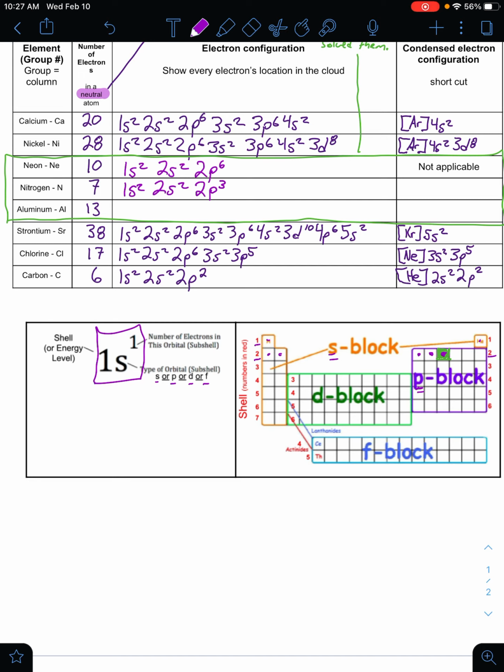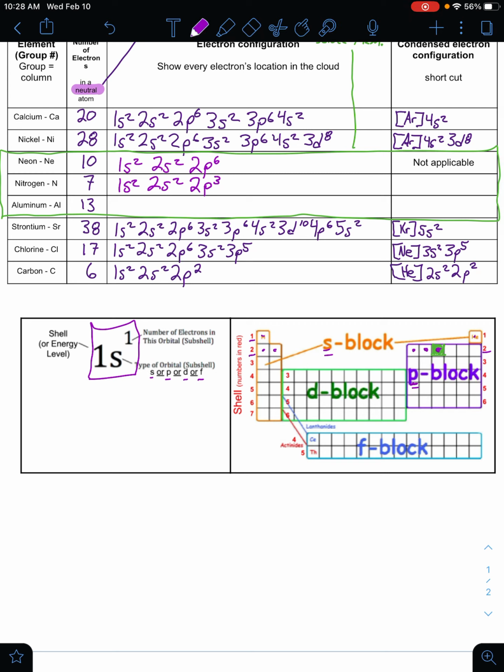Nitrogen has 3 fewer electrons than neon, so you can see the first 2 electrons went in the same place, whether they're neon or nitrogen. The next 2 electrons went into the same location around the nucleus. The next 3 went into the same place, but with neon having 3 more, it was able to fit 3 more electrons into that same distance from the nucleus and the same shape, the P shape.